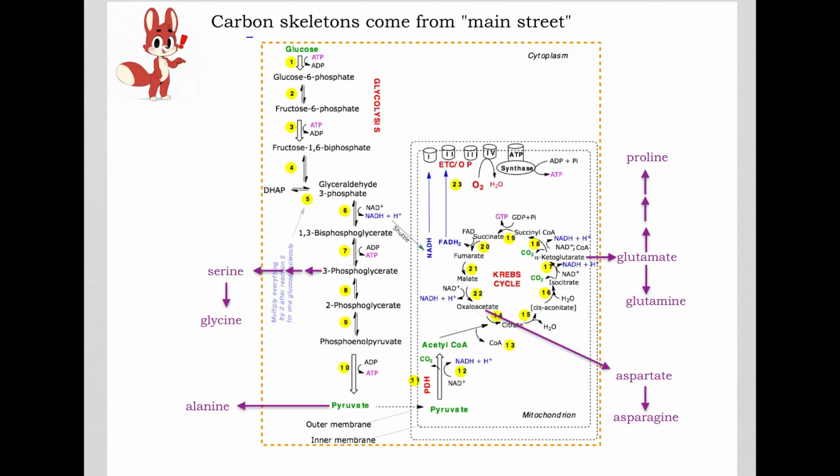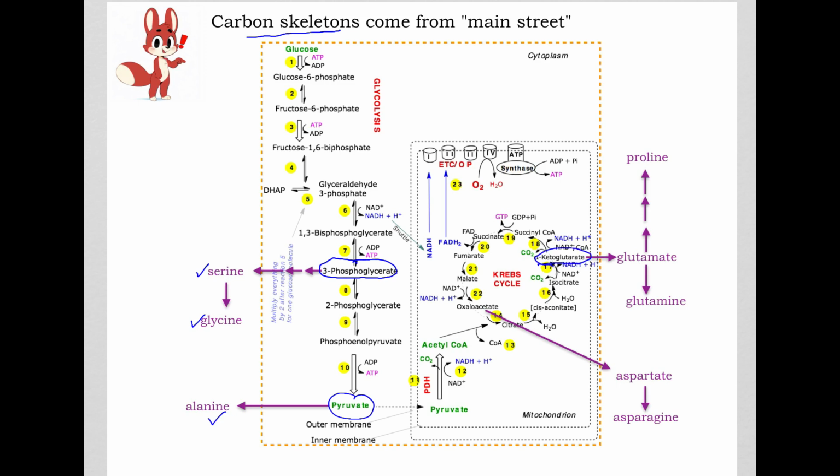The carbon skeletons necessary for amino acid synthesis come from main street. For example, here is 3-phosphoglycerate, an intermediate in glycolysis. This provides the carbon skeletons for making serine and glycine. Pyruvate gives us the carbon skeleton to make alanine.